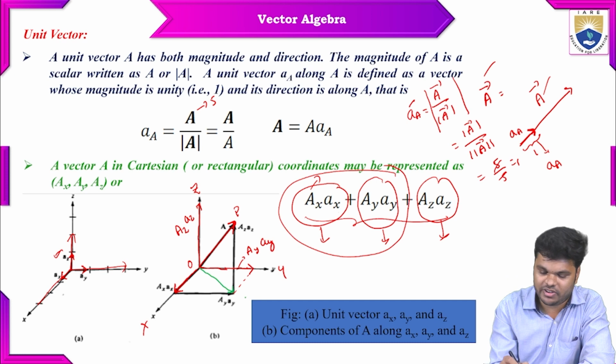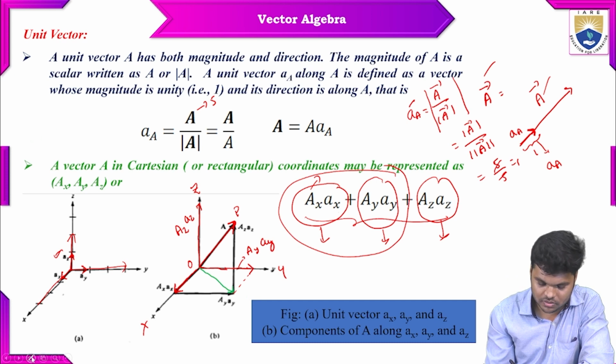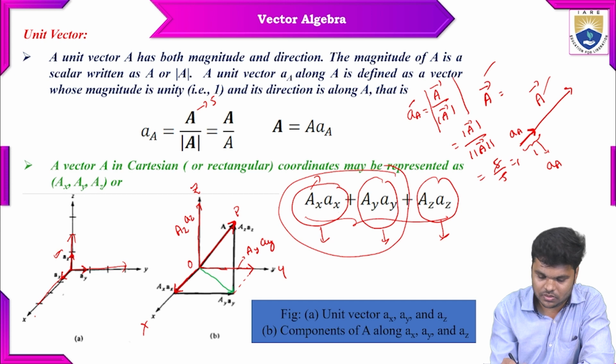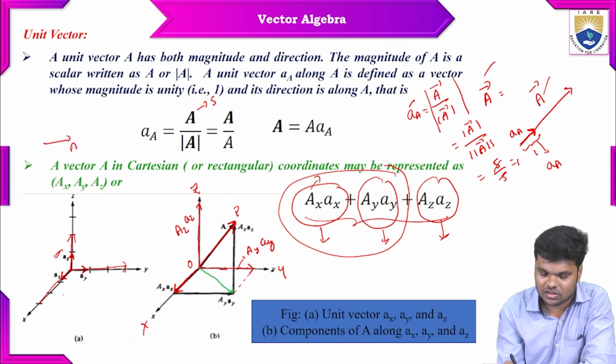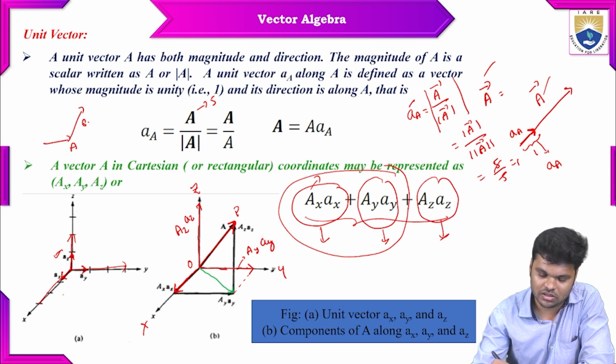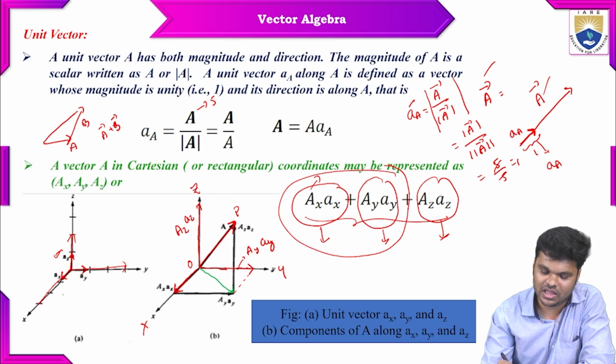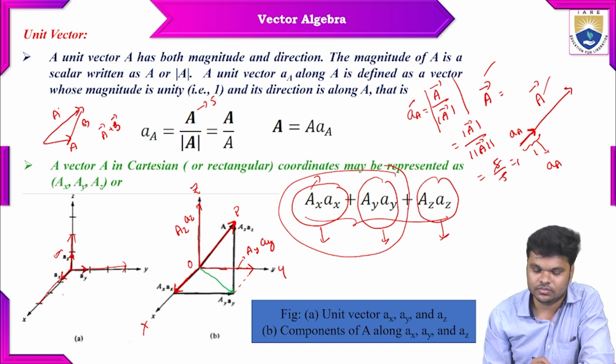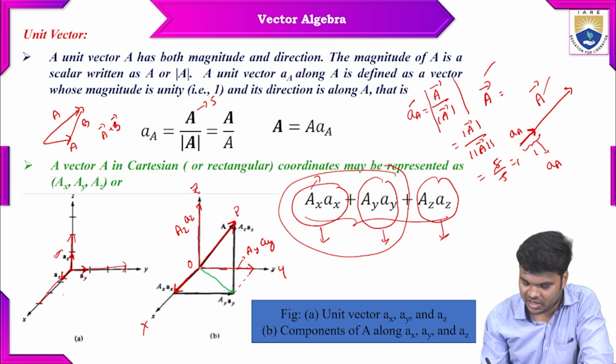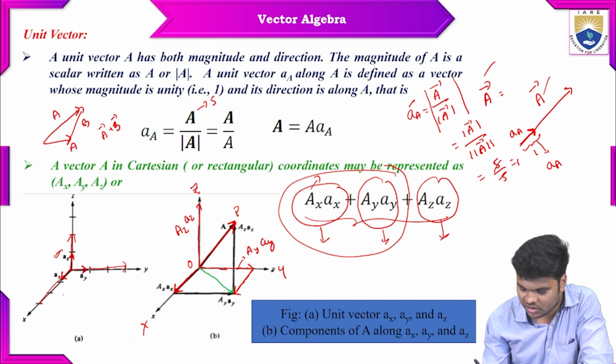So if I have one vector like this and the other vector like this, what is the resultant of these two vectors? A plus B is a vector which has its tail at A and head at B. So my first vector is in this fashion and second vector is in this fashion. So I can take a similar vector Ax into ax here as well.